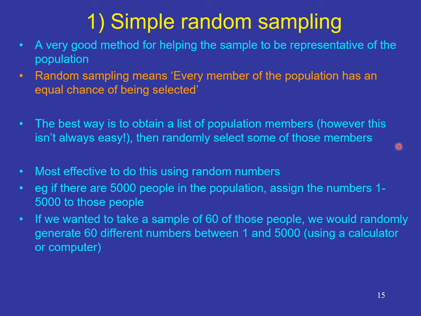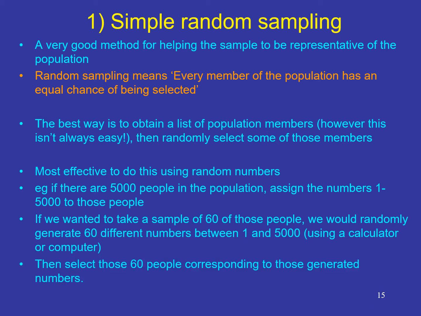And then let's imagine we wanted to sample 60 of them. We would use a calculator or a computer to randomly generate 60 numbers between 1 and 5,000. And we could then go down the list, selecting those 60 people which correspond to those generated random numbers.